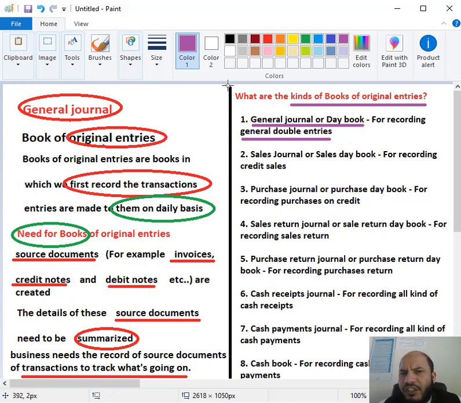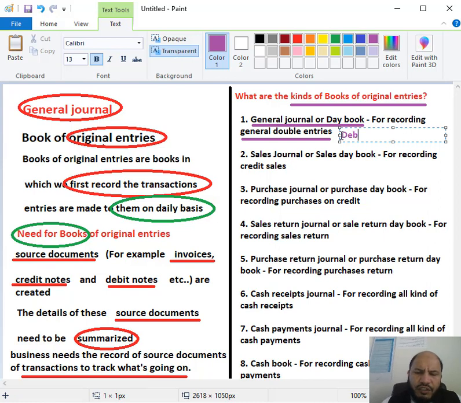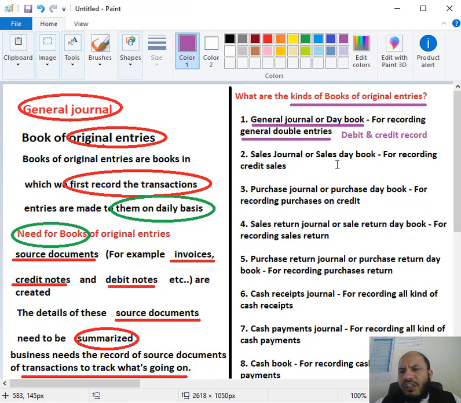Double entry is the debit record and the credit record. Here we record the debit and the credit for all transactions. It is also called the book of double entry, the day book, and the chronological book of recording transactions.